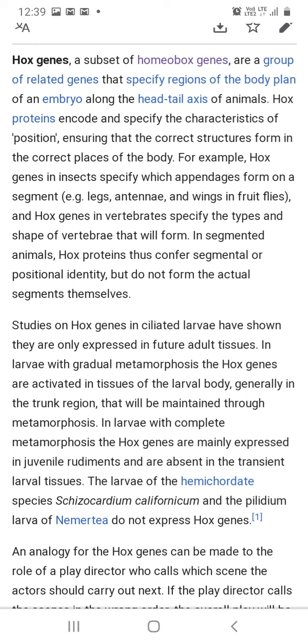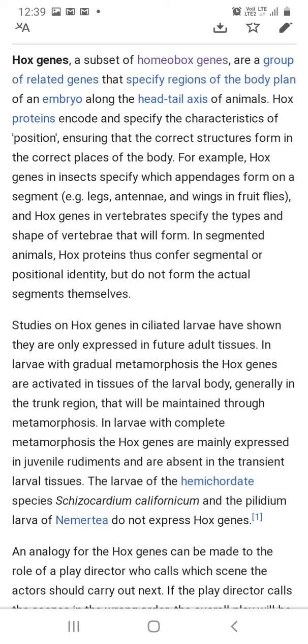Similarly, in mice and humans also, these homeobox genes are arranged in collinear fashion in the same order as in Drosophila on each chromosome, as they are expressed from anterior to posterior of the developing animal, as I have told you in an earlier video about the temporal arrangement and temporal expression of genes.